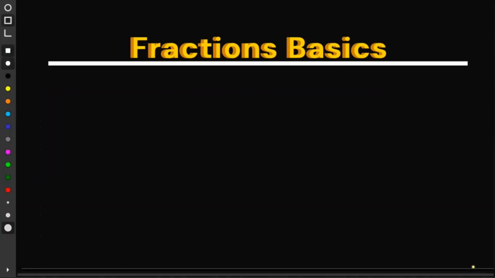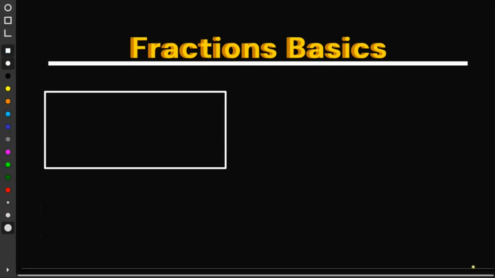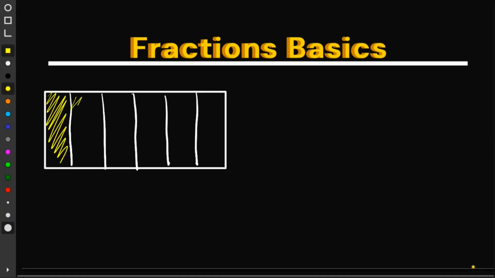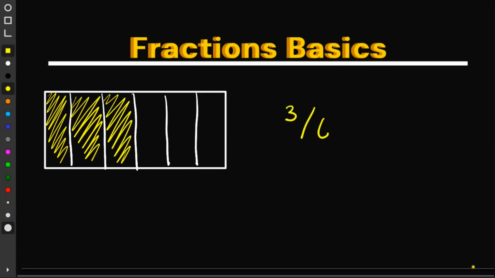Let's show more examples on lowest terms. So say if we have a rectangle out here and we divide it into 6 parts. So see, 1, 2, 3, 4, 5, and 6. And say if we shade 3 of these, then this one becomes 3/6.